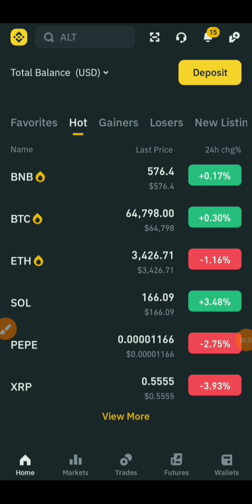Today we are going to talk about a strategy, a technique with which we can know when to buy and when to sell. In general terms, we all know that in order to have profits in crypto, it is buying low and selling high. But the question remains: when do we buy low and when do we sell high?